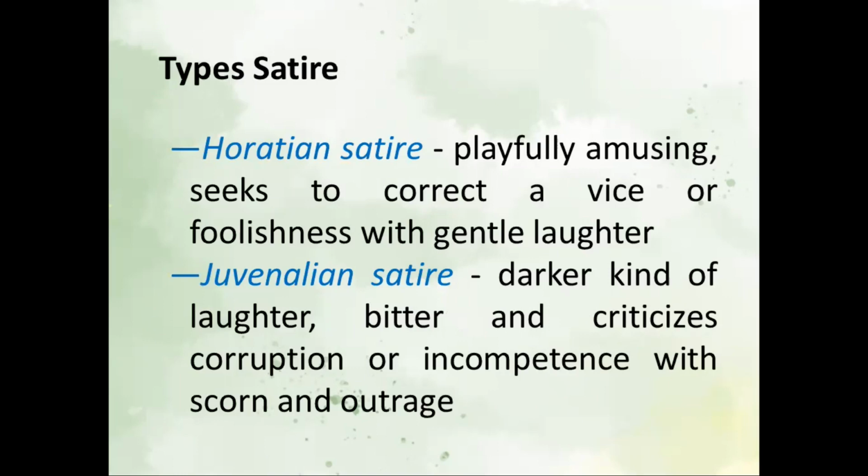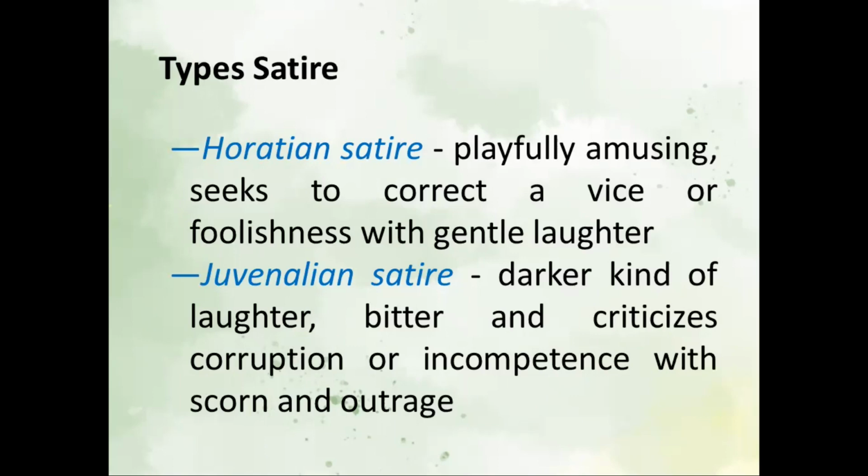Okay? So the types of satire that were often written during the time were Horatian satire and Juvenalian satire. Horatian satire is a playfully amusing type of satire that seeks to correct a vice or foolishness with gentle laughter.